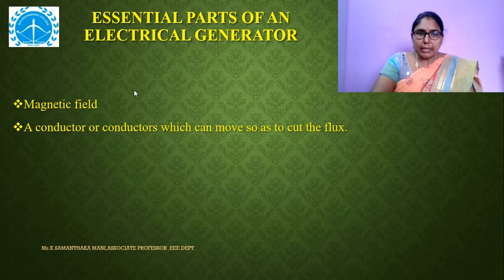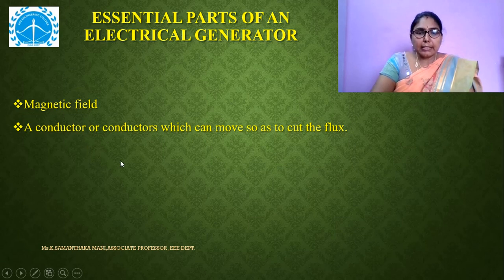In the DC generator we are studying, either the magnetic field can be rotated or the conductor may be rotated, but there must be a relative speed between these two.